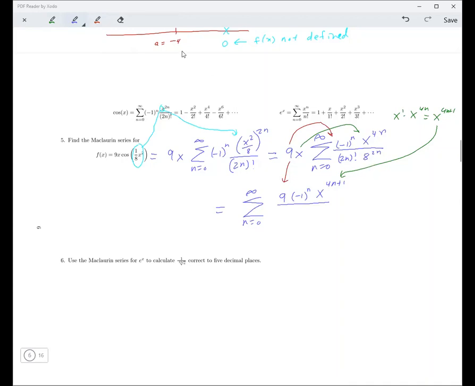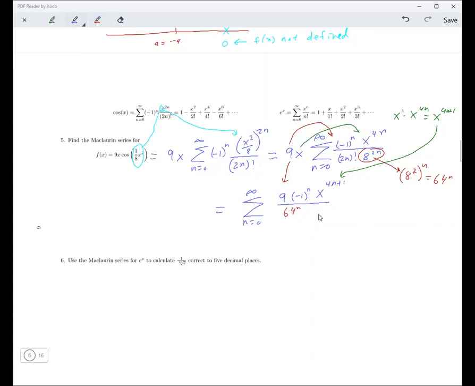Now you can change this if you want. This is 8 squared to the n. You can split the 2 and the n up, so that's 64 to the n. So you could write it as 64 to the n.